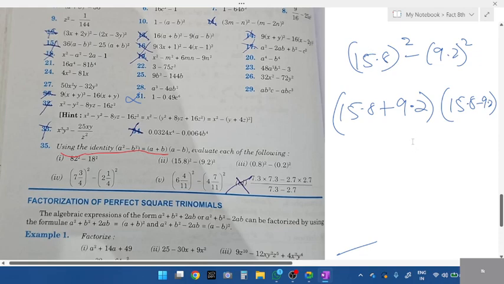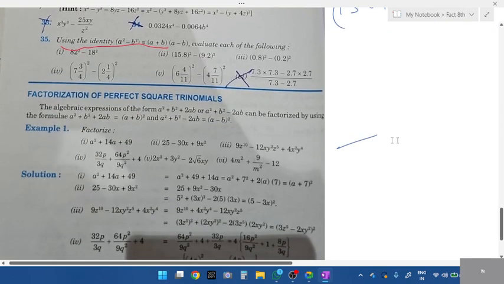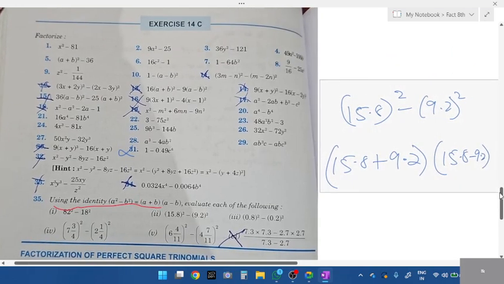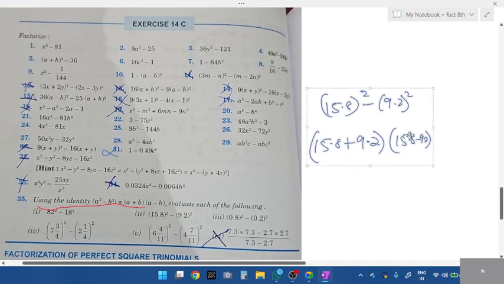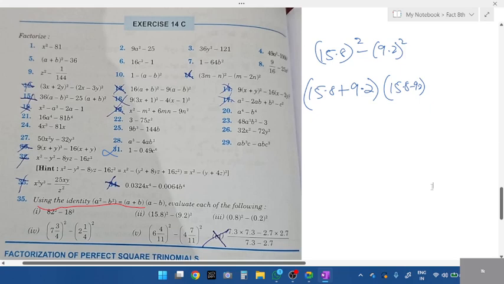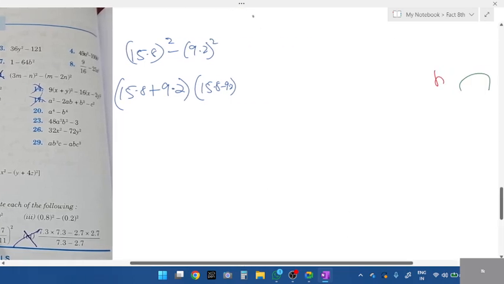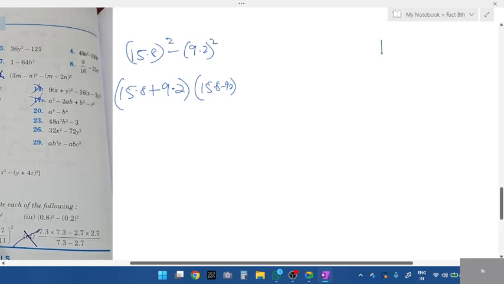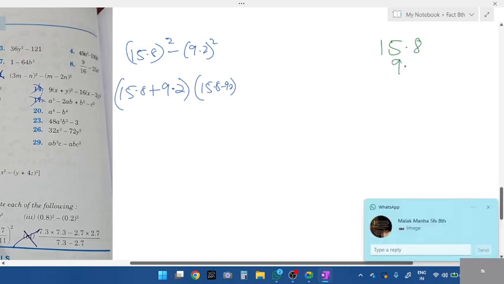Okay. Once you all complete this, can anyone send me 14D, students? Just send me one pic of 14D. Like this, a clear pic. We'll start the next exercise. Okay, Malak and Mana have sent. Fine. Continue with this, students.